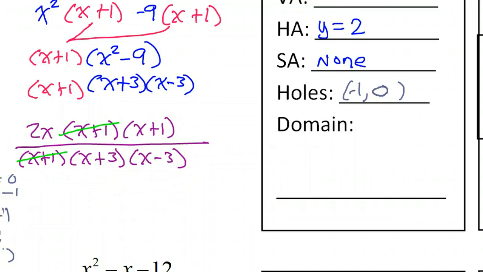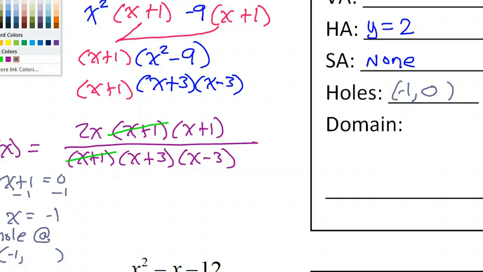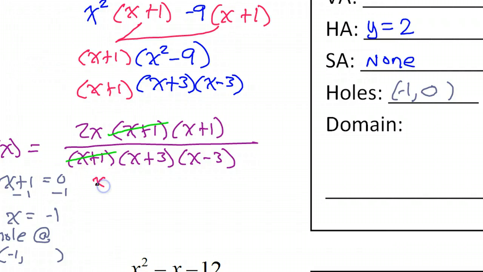Now, these other 2 factors in the denominator are going to give us some vertical asymptotes. If I do x plus 3 equals 0, subtracting 3 from both sides gives me x equals negative 3. That's a vertical asymptote.